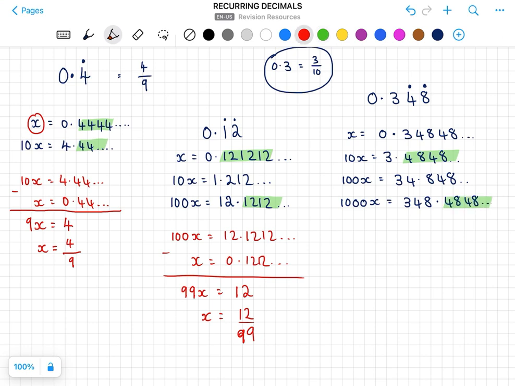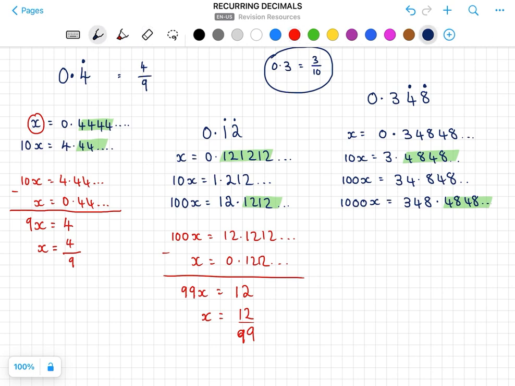So we select the equations where the decimal places match up. 1000x, which was 348.48, etc. And our 10x equals 3.48, etc.